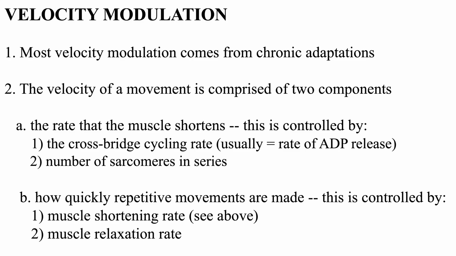And then the second part is how quickly repetitive movements are made. This is controlled by one, the muscle shortening rate, what we just talked about, and two, the muscle relaxation rate. So what I'm looking at with velocity is repeated movements, repeated activity. Because as a muscle shortens, we want to see how fast the muscle can shorten, but also, remember how a cross bridge actually works.